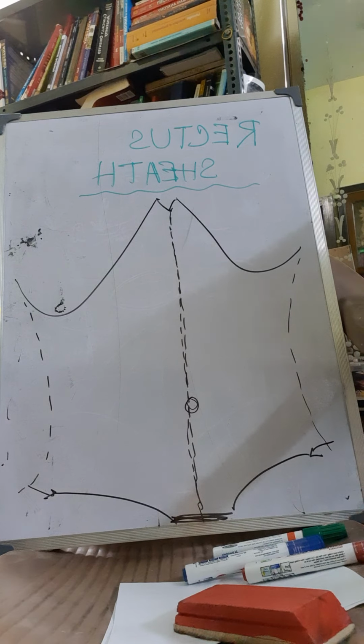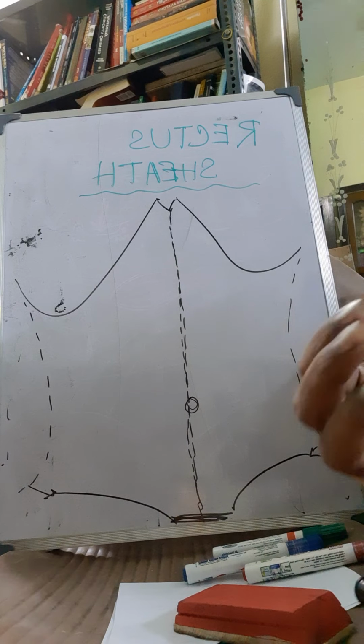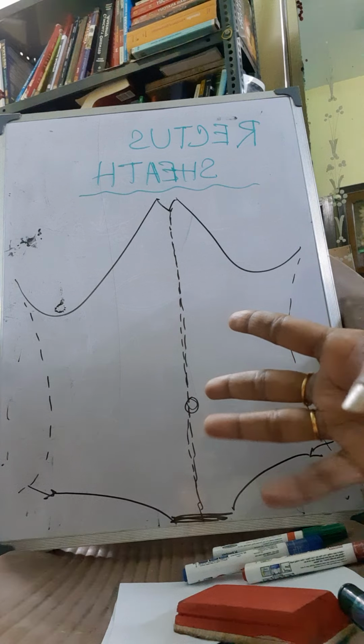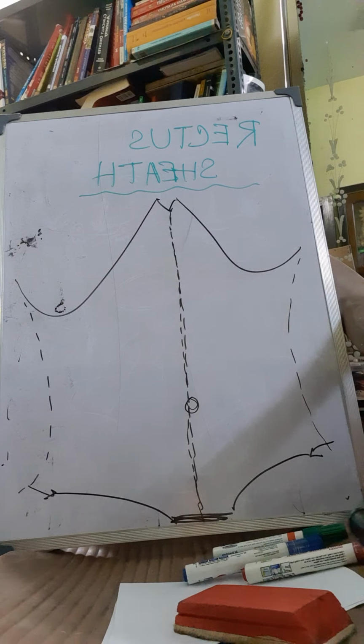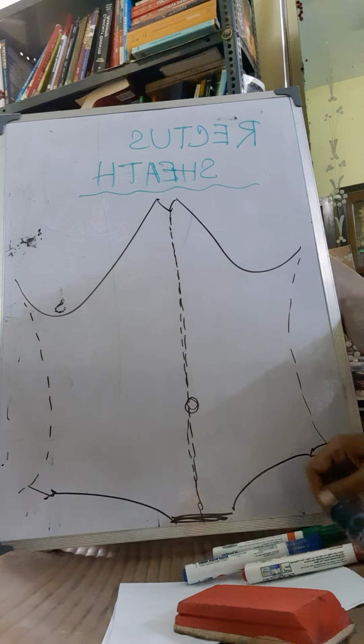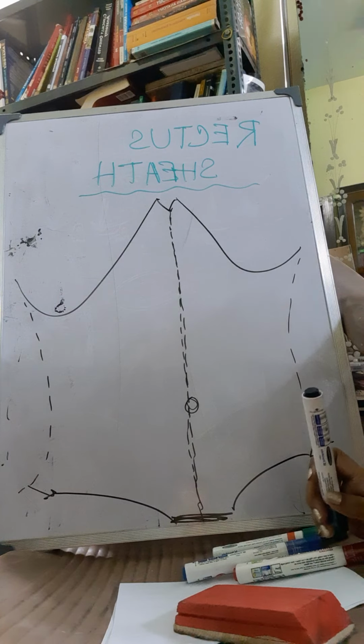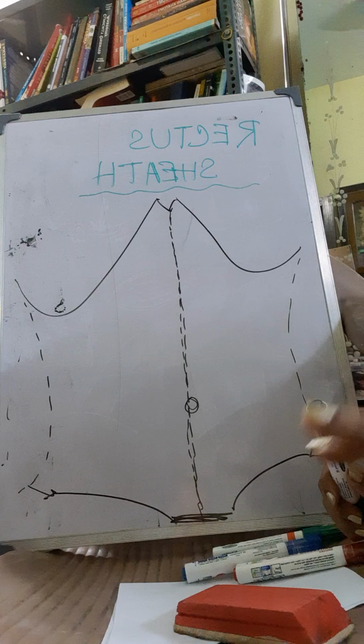For descriptive purpose, we have to describe this muscle under four headings: origin, insertion, nerve supply, action. First, origin.